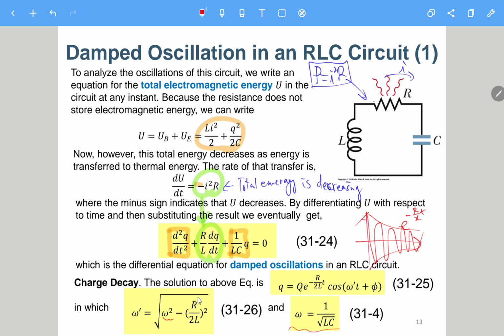If R is 0, then this term is 0, and then omega prime turns out to be the square root of omega squared, which is omega. But here R is not 0, so this is a small term, and this whole thing will be a little bit smaller than omega.